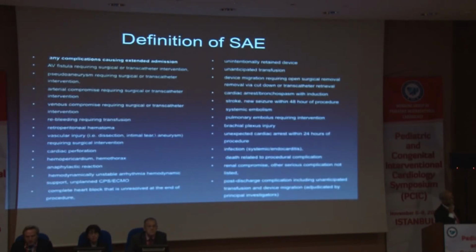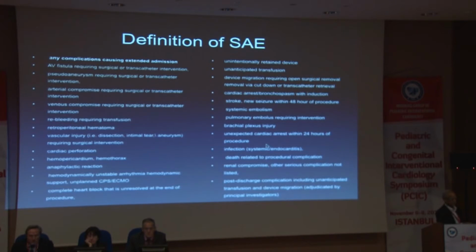I'm not going to go through this busy slide, because this summarizes the definition of serious adverse events. For example, any complication causing extended admission, fistulas after access, femoral arteriovenous fistulas requiring surgical or catheter interventions, venous compromise requiring surgical or catheter interventions, infections, brachial plexus injury, and things like that.